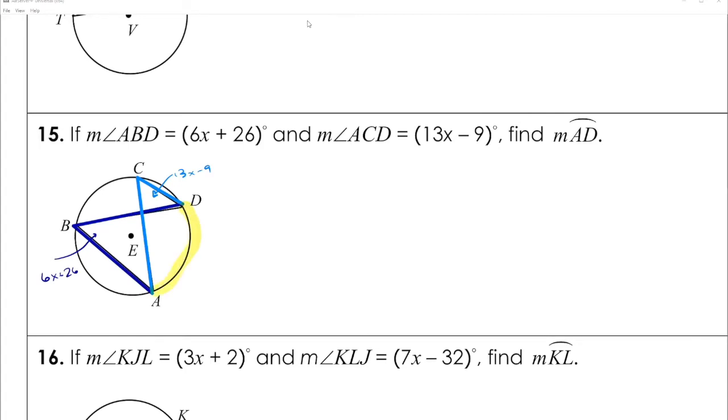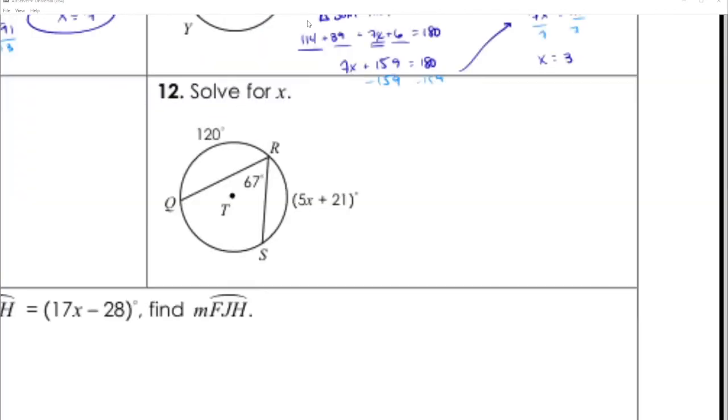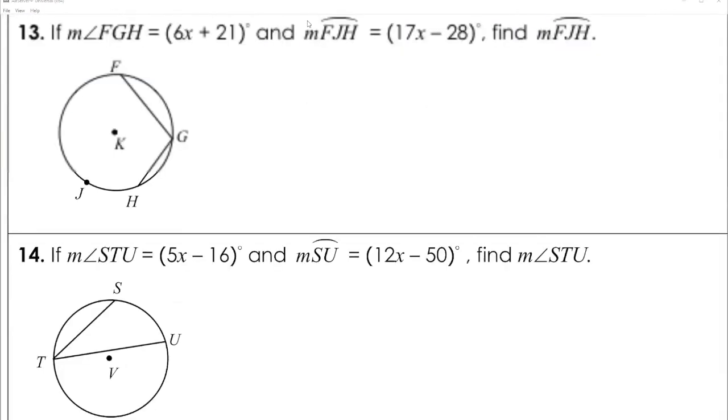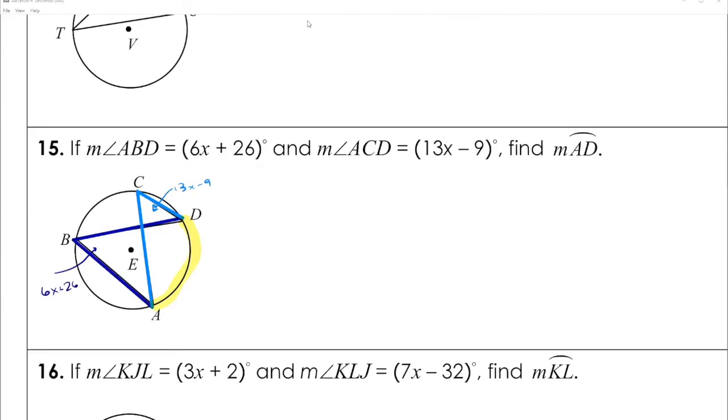So these two angles intercept the same arc. So if they intercept the same arc, that means they have to be congruent. Let's talk about corresponding angles. Corresponding angles do exist here, one in, one out. However, we cannot use our corresponding relationship.